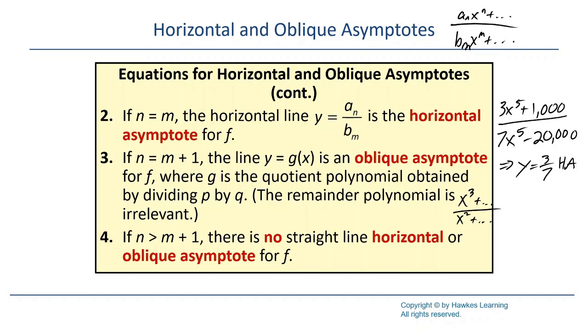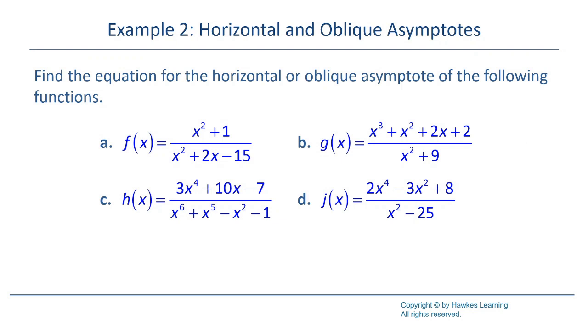These are the functions that just go off without a predictable end behavior where you can use an oblique or horizontal asymptote to figure out how to sketch it. So we're going to take these and find the equations for the horizontal or oblique asymptotes, whichever.